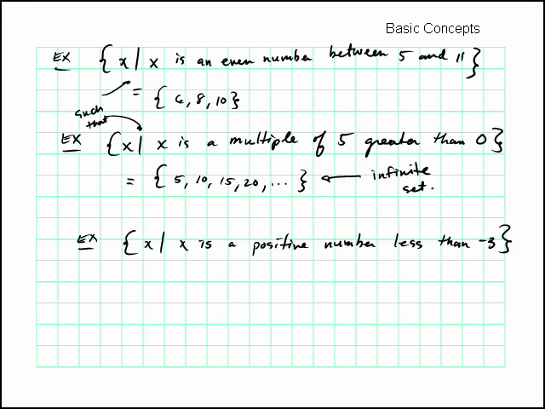So what numbers are positive and less than negative 3? There are no such numbers, and so there are no answers to this. And so this is what we call the empty set. If it had an answer, I would put it inside there, but there are none. It's empty. We have a symbol for this. It's a 0 with a line through it like that. That means empty set.